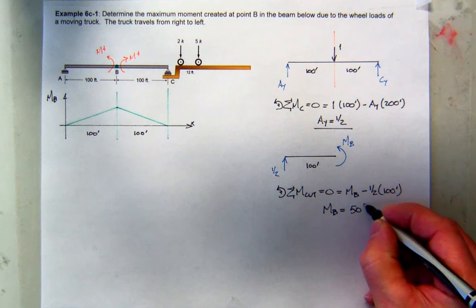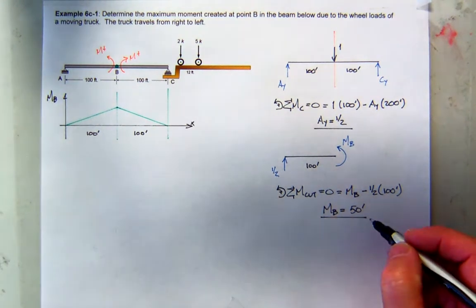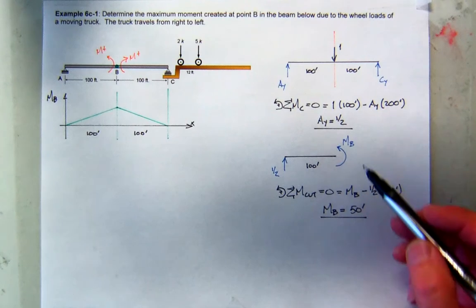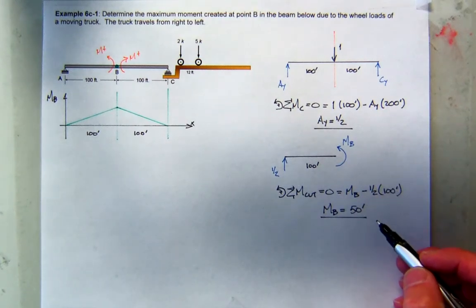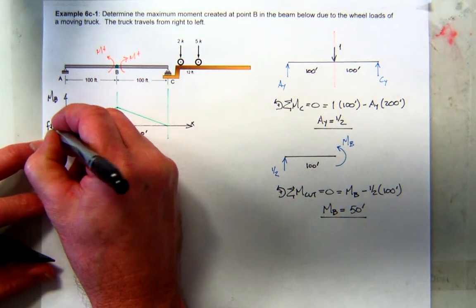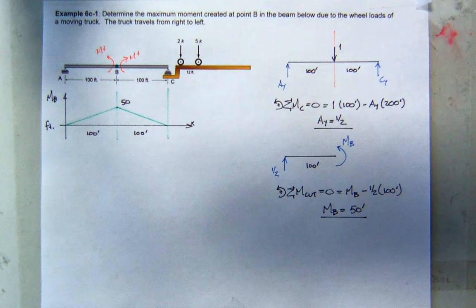Now remember, there is no dimension for the force part, so that's why there's no unit on the reaction AY, and that's why the unit for the moment is only feet, not kip-feet. This one now is 50, and I have my influence line.